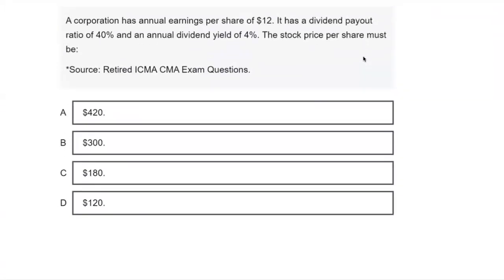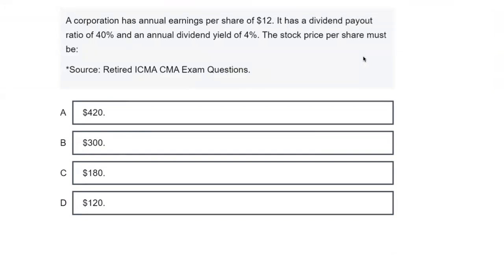Next. The stock price per share must be. So, dividend payout ratio of 40%, annual dividend yield of 4%.